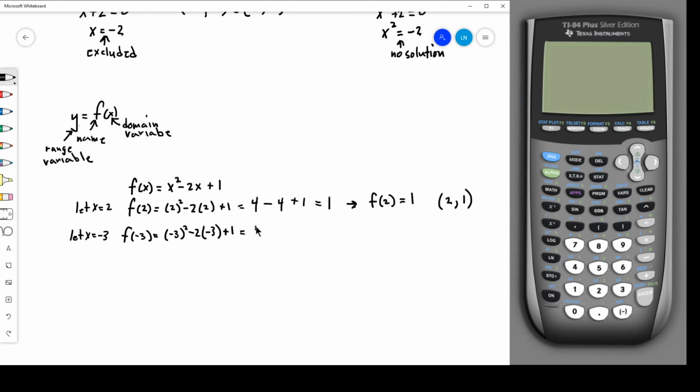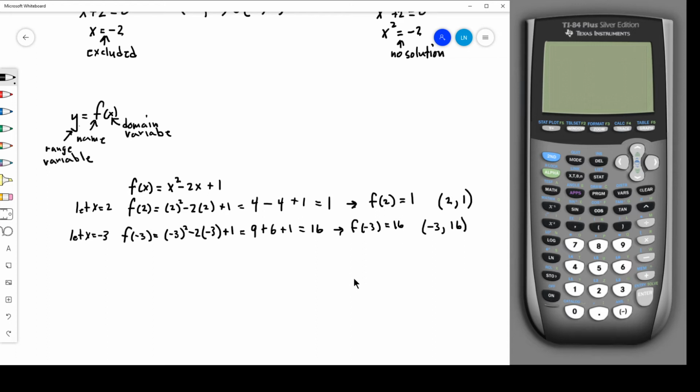So that becomes 9. Minus times minus is plus, so that becomes plus 6, plus 1. So that's 15, 16. So that's equal to 16. So what we get out of this is f of negative 3 is 16. So that is the point negative 3 comma 16. So I've just found 2 points that lie on this curve.